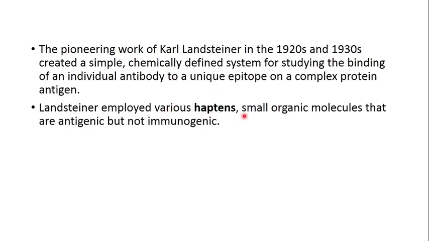Landsteiner used haptens in the studies of antigen antibody specificity. He employed haptens, the small organic molecules that are antigenic but not immunogenic, because if we use proteins or nucleic acids to study antigen antibody specificity, manipulating these big macromolecules is very difficult.